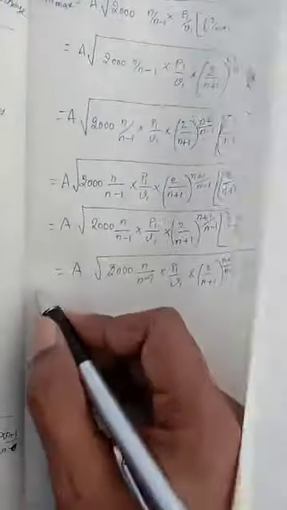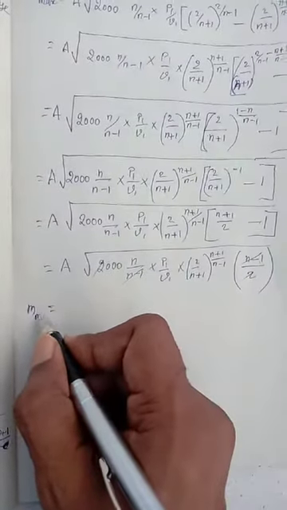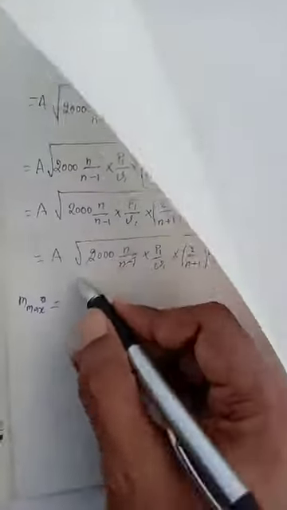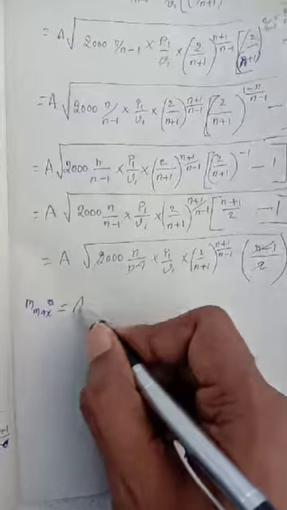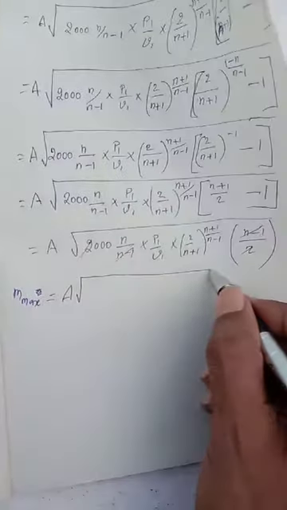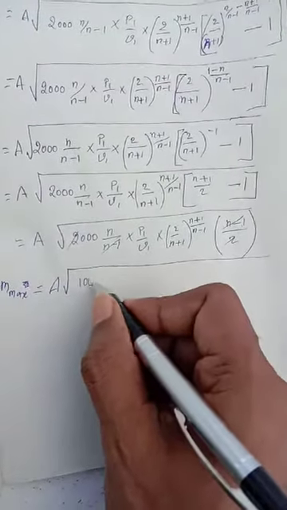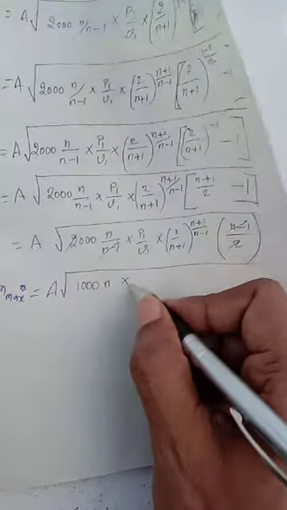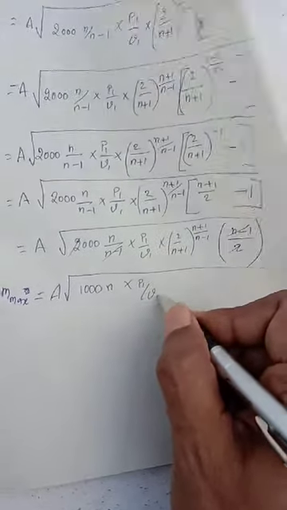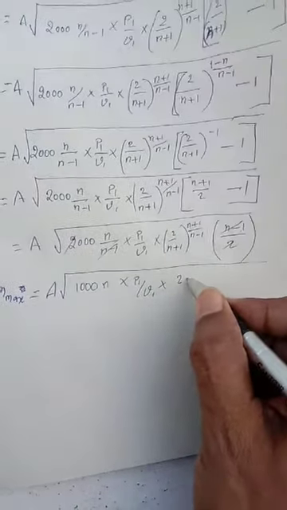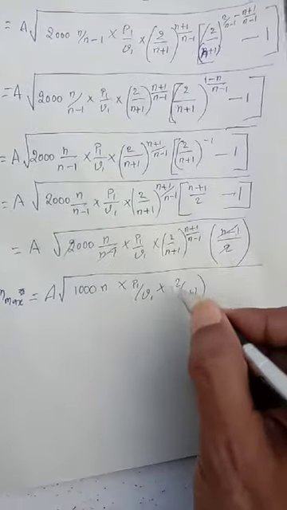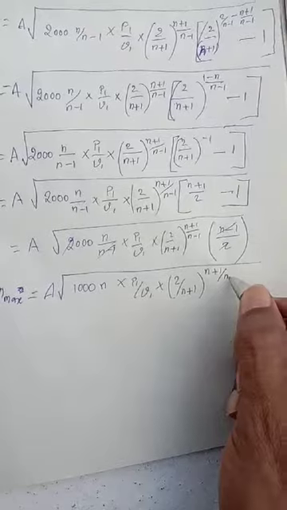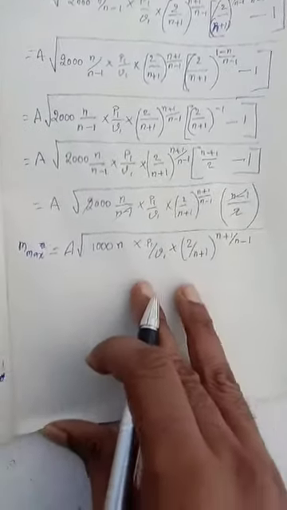So finally we can write m maximum is equal to A into 1000 n into P1 V1 into 2 by n plus 1 whole power n plus 1 divided by n minus 1.